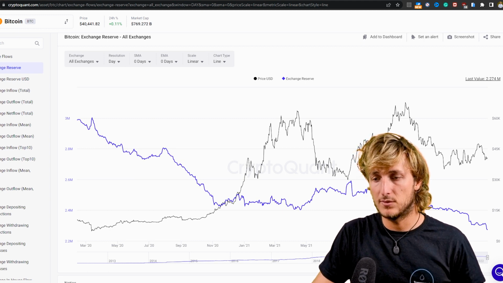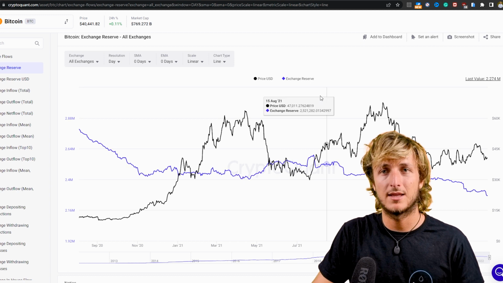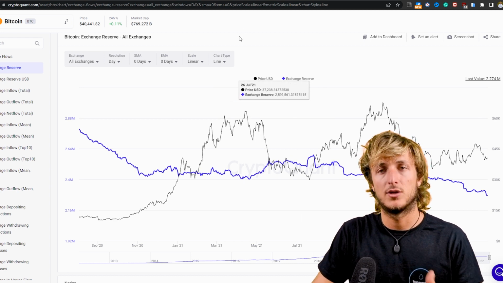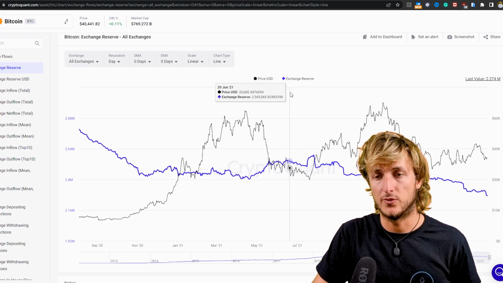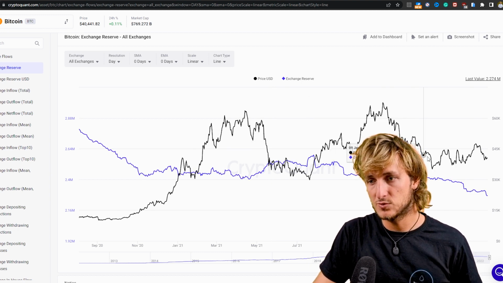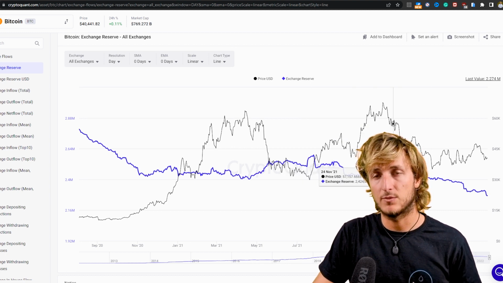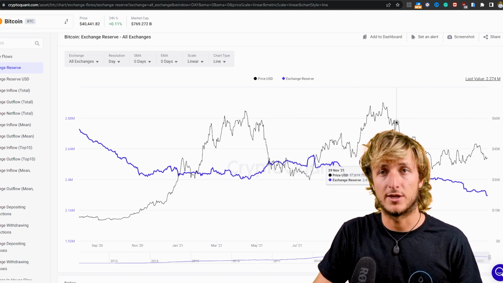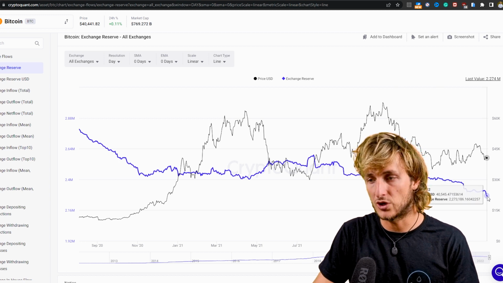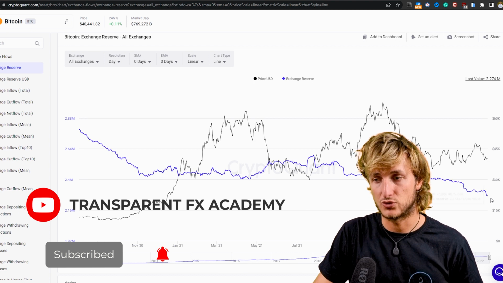So if we have an indication of how Bitcoins are getting moved on exchanges, we can get more data to make our analysis also for XRP USD. Now, what we can see here is that during this move to the downside that we got on Bitcoin with this black line, the purple line, which is the amount of Bitcoins on exchanges, has continued to drop, with a new massive drop coming with this last push to the downside.